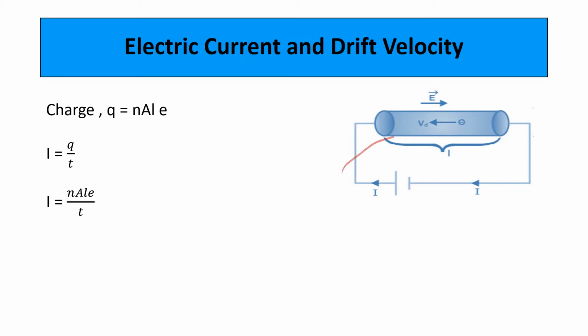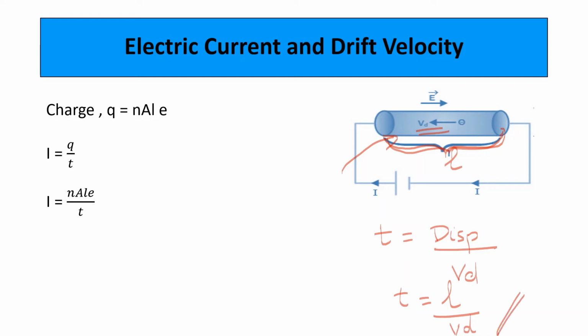Look at this diagram, the total length or the distance is L. Time taken t is equal to distance or displacement divided by velocity. Here the velocity is drift velocity. Therefore, time t is equal to, in the place of displacement or distance, you can write L, because L is the total length of the conductor. Divide L by Vd. t is equal to L by Vd.